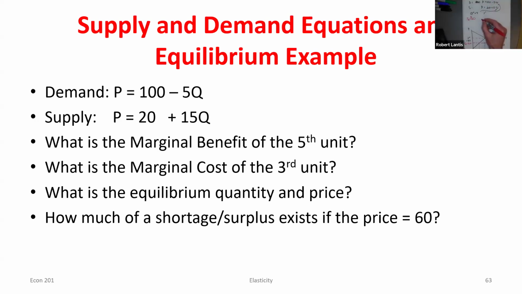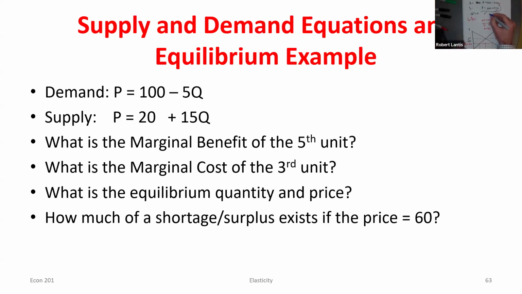So if I do demand, I've got what? 60 is my price. I do a little bit of algebra here. I've got what? 40 is equal to 5Q. Divide both sides by 5. I get my quantity demanded being equal to 8. What's my quantity supplied?